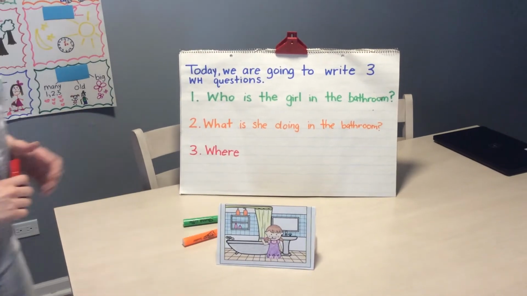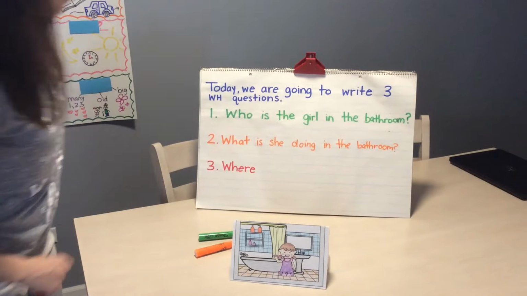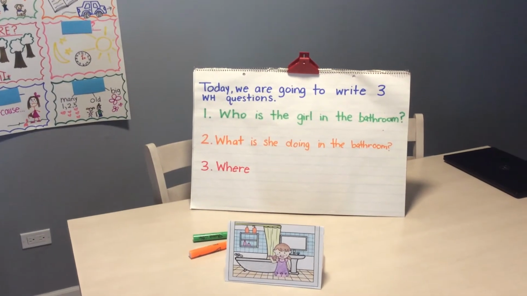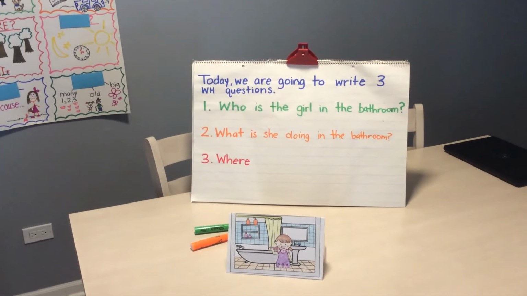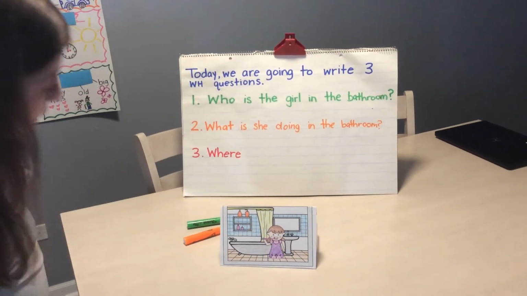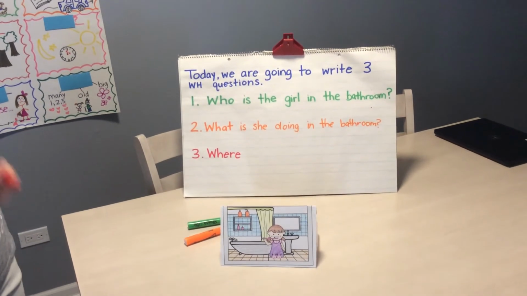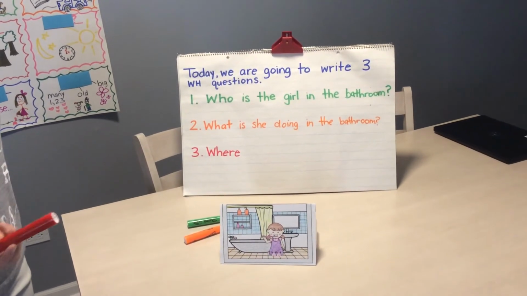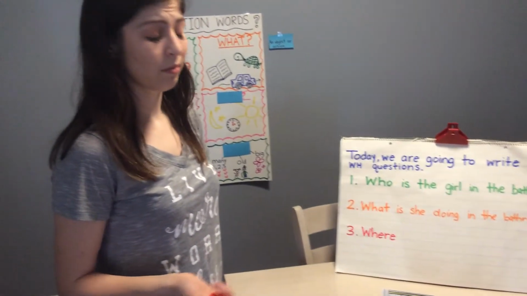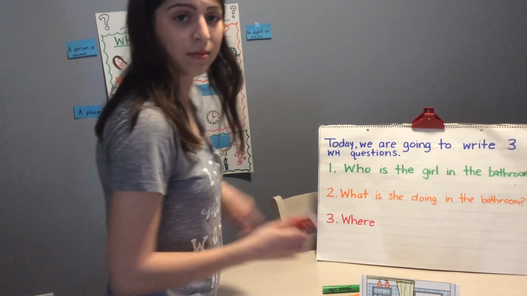Okay, we have one more question left to write. Number 3, where? I noticed that she's brushing her teeth, and I know that she's in the bathroom, but usually when I brush my teeth, I'm brushing my teeth because I'm going somewhere. So my question is, where is she going?